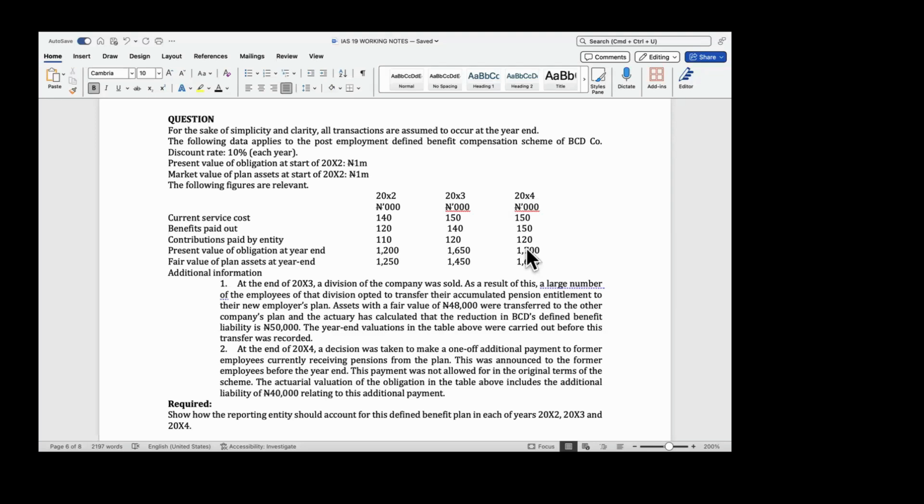The actuarial valuation of the obligation in the table above includes the additional liability of 40,000 relating to the additional payment required. Show how the reporting entity should account for the defined benefit plan in each of the years 20X2, 20X3, and 20X4.